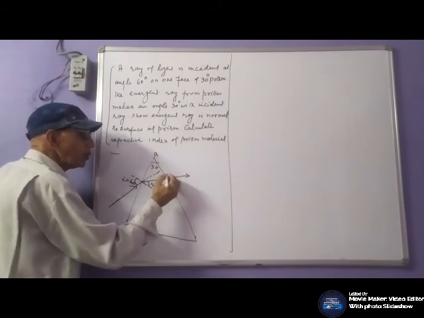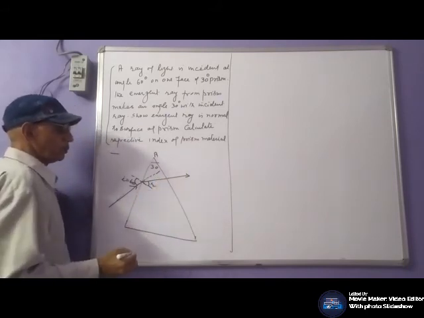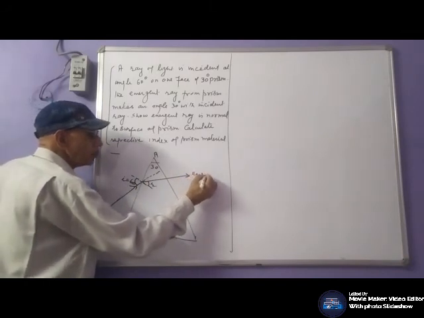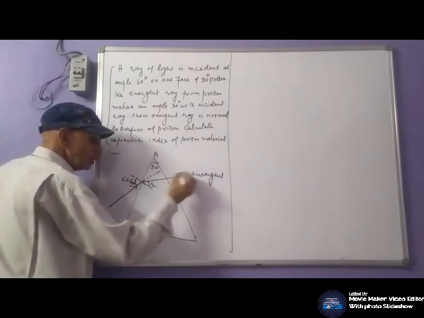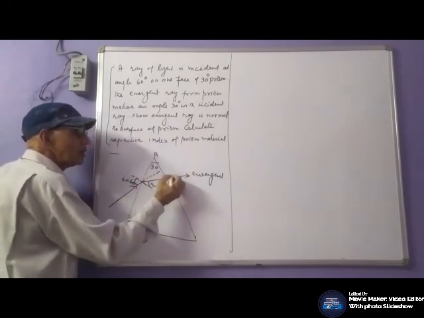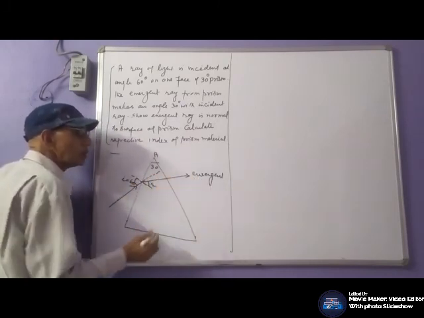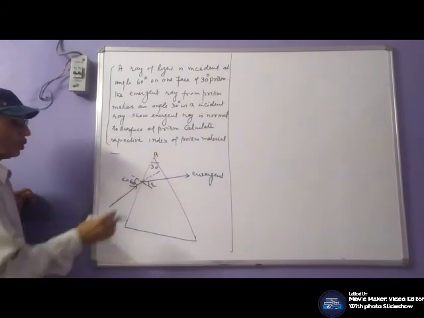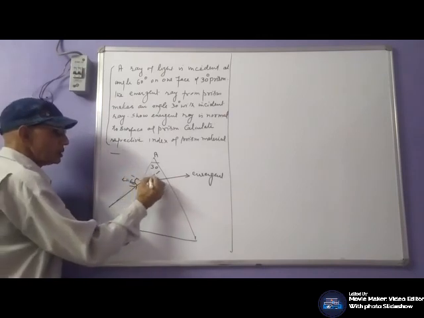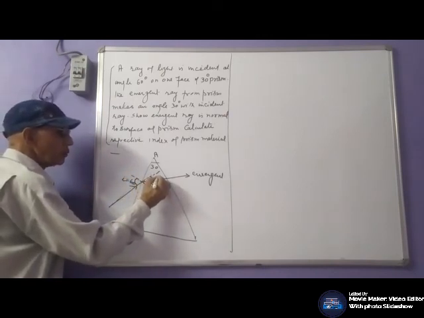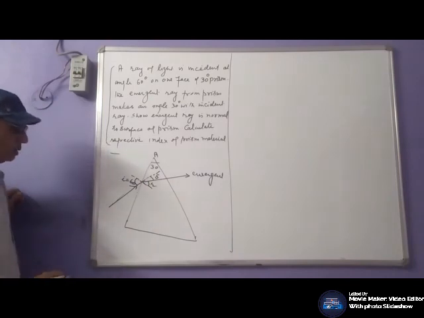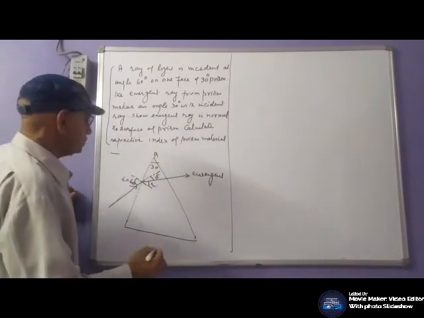So I have drawn this straight line normal. But I have to prove that E is 0. This is the normal and this is the emergent ray. If it is incident normal, then it will go out undeviated. So I have to prove E is 0. So what is given?